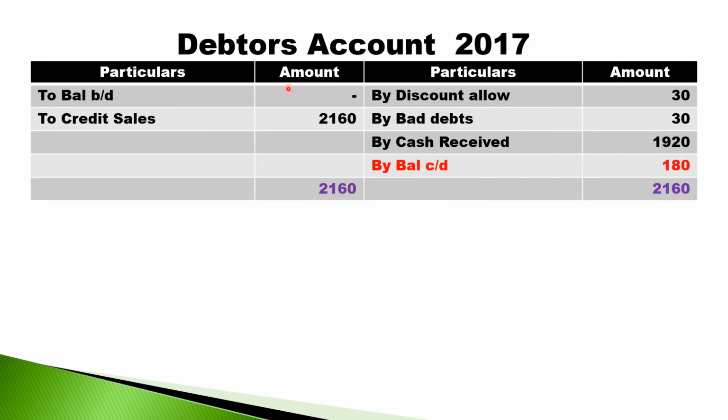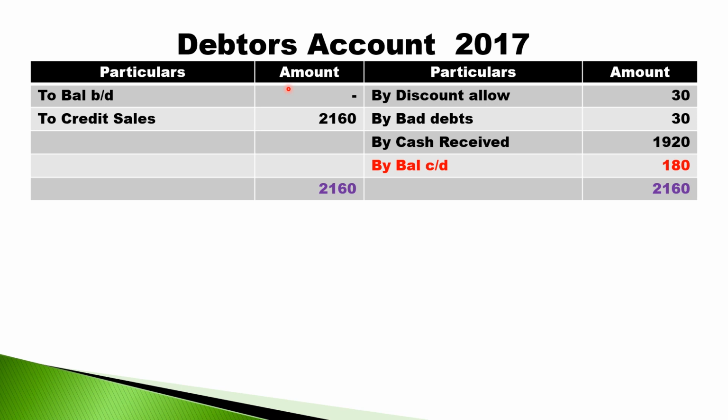Students, in our problem, closing debtor is not given, so you should prepare a debtor's account. Why should you prepare a debtor's account? Because they have given information to prepare the debtor account, like credit sales, discount allowed, bad debts and so on.